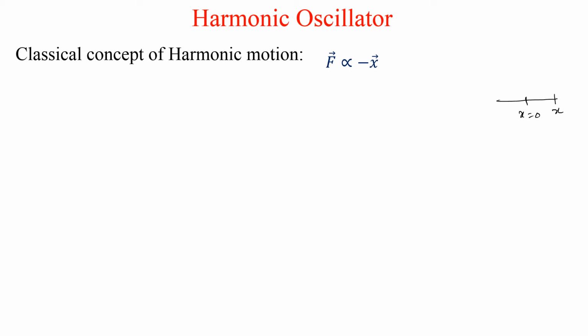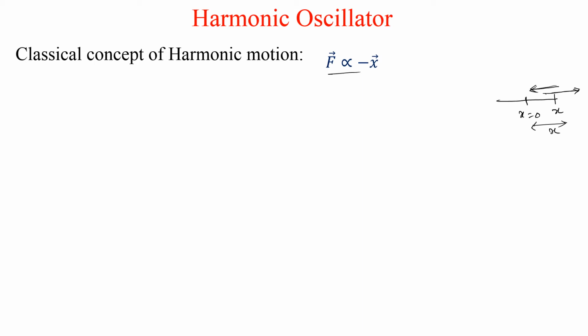If the particle experiences a restoring force, that means if the displacement is in the forward direction and the force acts in the reverse direction, it is always a restoring force, with a negative sign, and the force is proportional to the displacement, then we can say that the particle is in harmonic motion or harmonic oscillation.